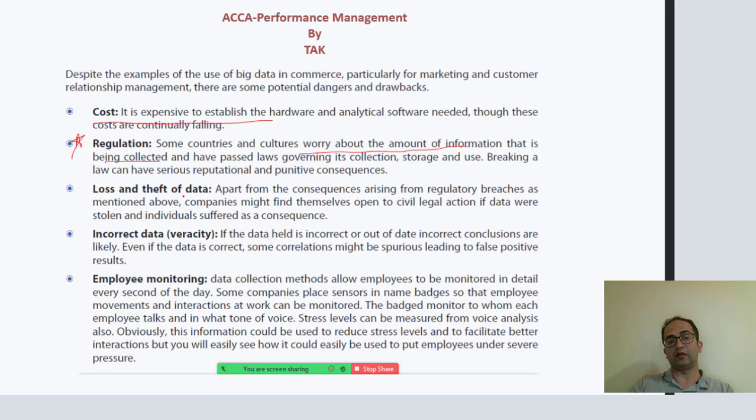Then loss and theft of data, that is another reason that your data can be utilized by those guys that you don't want to. Incorrect veracity, this is another V actually. Veracity is that if the data is held incorrect or out of date, incorrect conclusions are likely to be made.